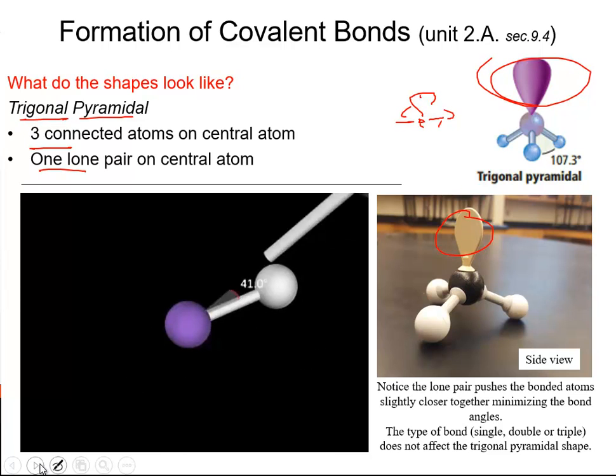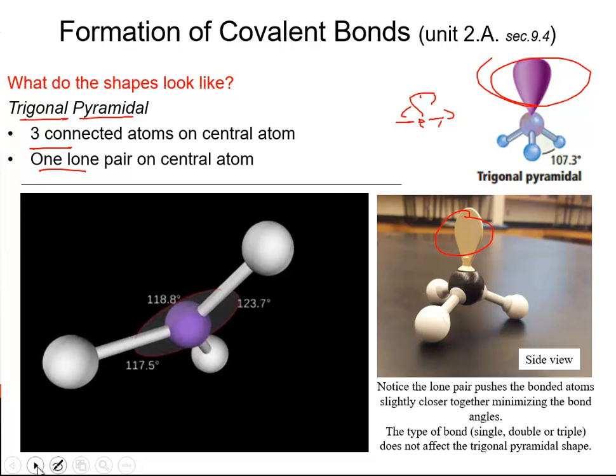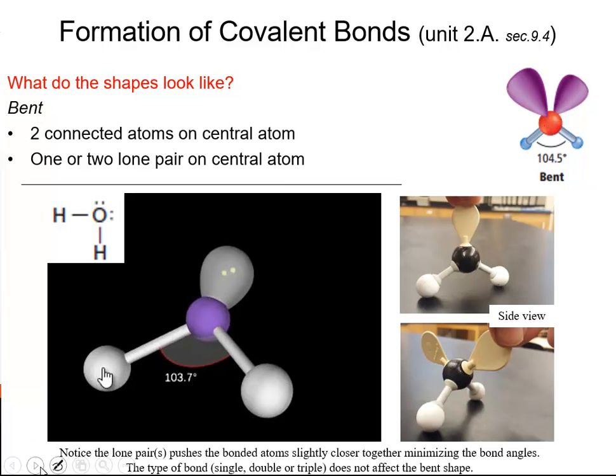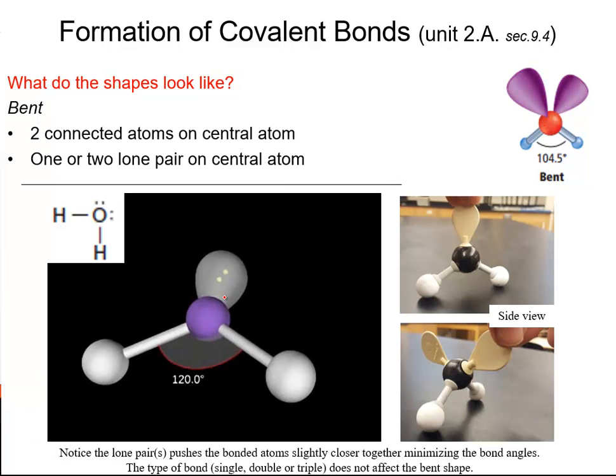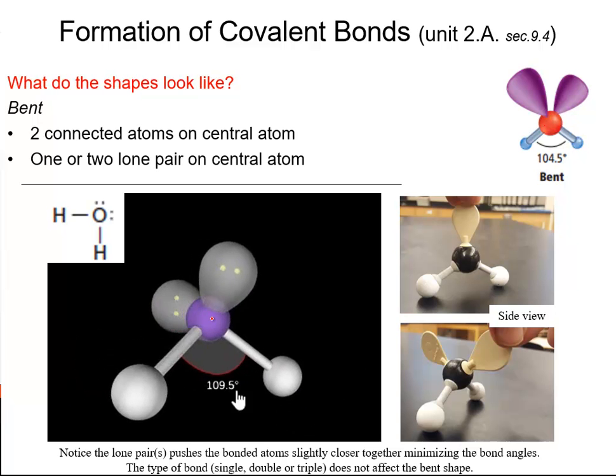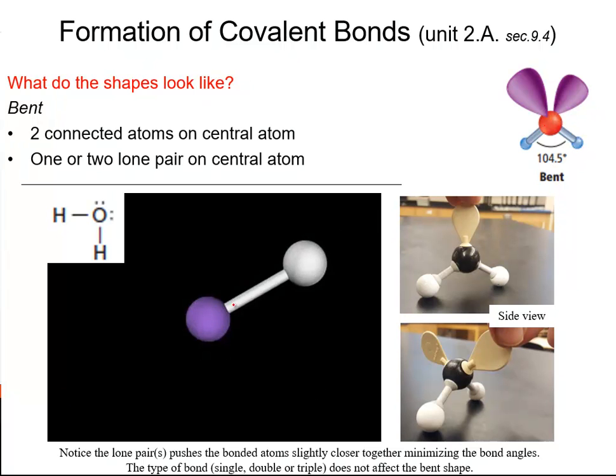Okay, and then our last shape here is the bent shape. In the bent shape, you have 2 connected atoms on that center atom, and then you could have 1 or 2 lone pairs. So consider this example for water. In water, you have 2 atoms hooked up together with 2 lone pairs.